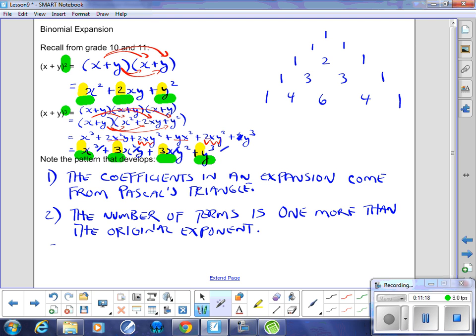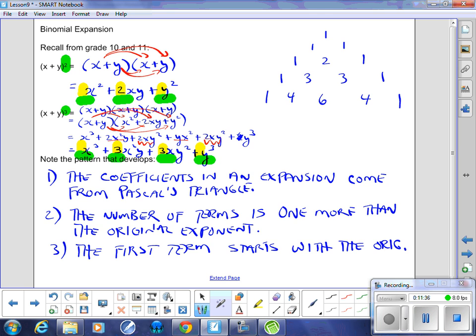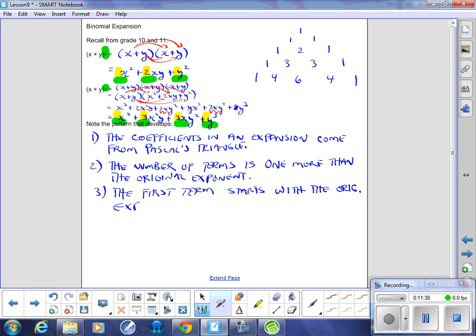So the first term starts with the original exponent and decreases by 1 down to 0.